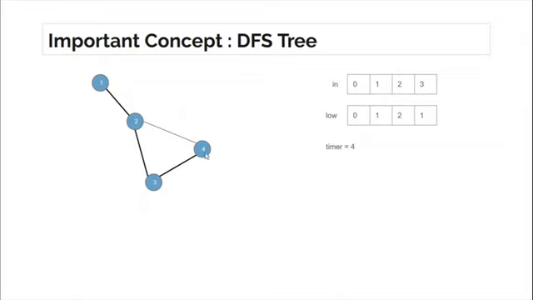Again, if the low time of node 4 is smaller than the in time of node 3, it indicates that node 4 is connected to an ancestor of node 3, which means even if you remove this edge, node 4 is still connected from another path, and hence this edge can't be a bridge.